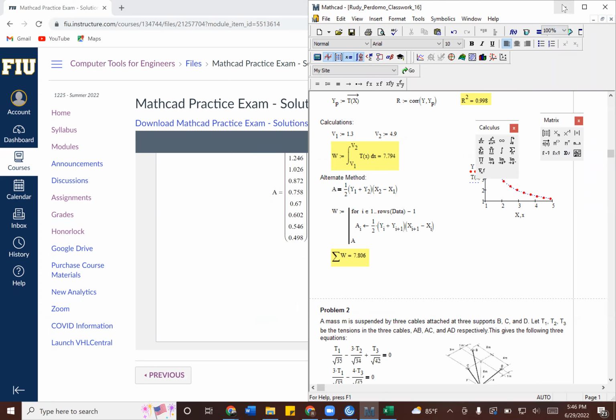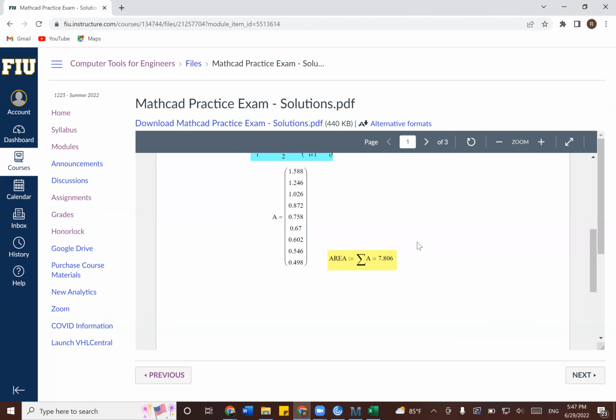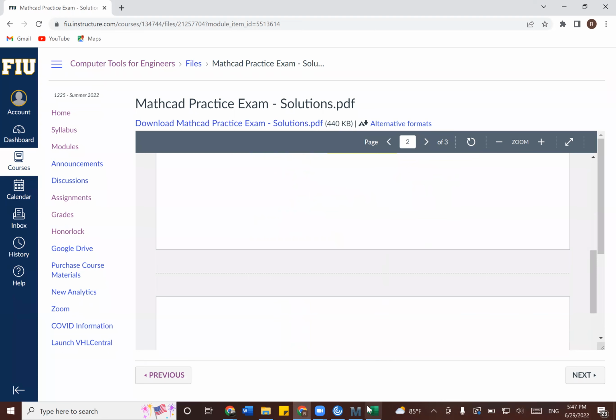Okay, so I just have to do vector sum of A and then equals. It should work. Okay. Yeah, it worked. Do I have to write area? I don't think so, but it might help. I'll just write it anyway.